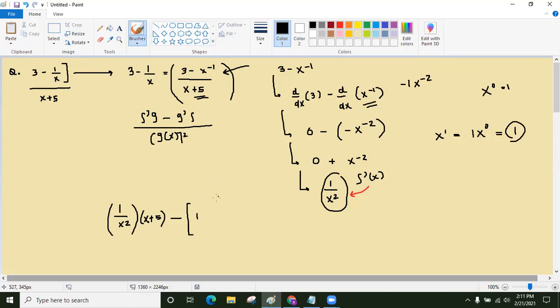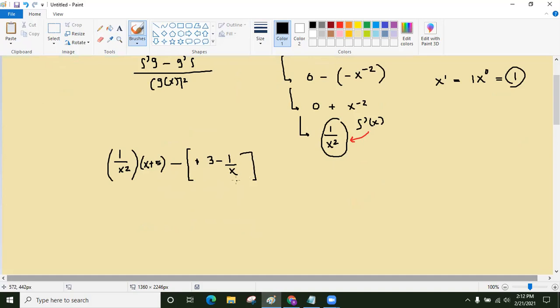Multiplied, of course, by f, which is 3 minus 1 over x, or really it's 3 minus x to the negative first. But we're going to rewrite this in a form where we can actually perform some algebra. So really, we would just be having 3 minus 1 over x here. Now, it's interesting to note that, of course, we'd have g over x squared, but this is probably not a form we want to deal with.